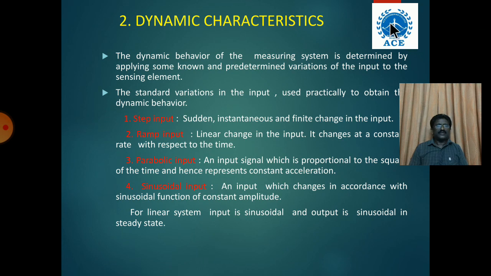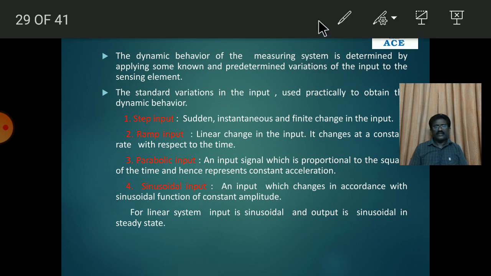One is the step input. A step input means sudden, instantaneous and finite change in the input. Next, ramp input is the linear change in the input. It changes at a constant rate with respect to time.